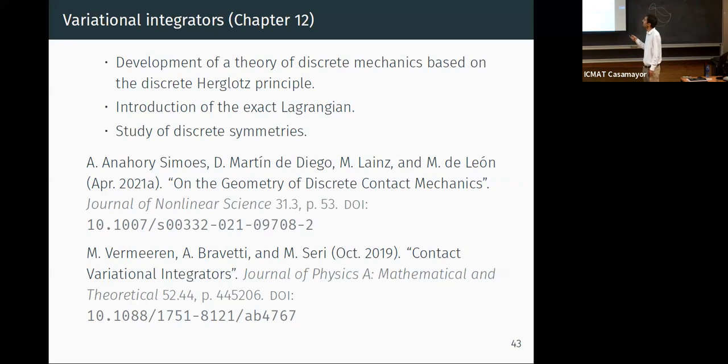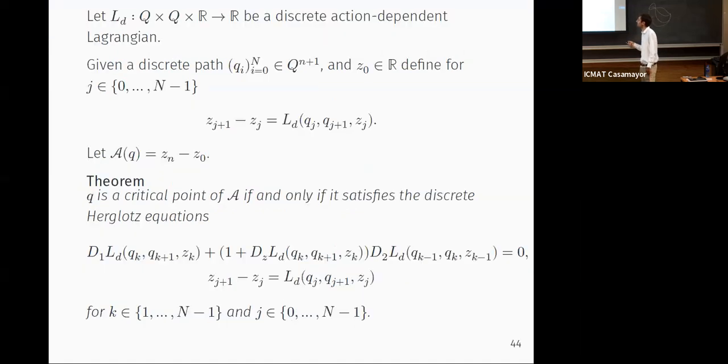The first time these discrete Herglotz equations appear was in this paper over here. This is our paper on discrete contact mechanics.